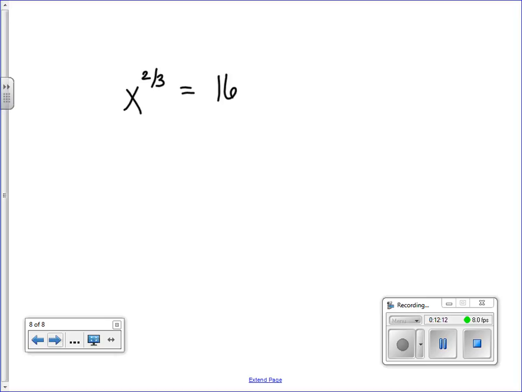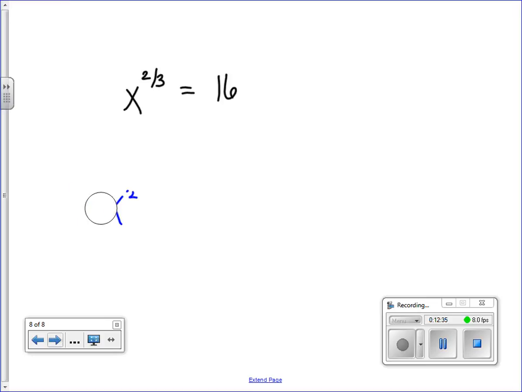Now, a fractional exponent is a root and a power. It's like saying I'm taking the 3rd root of x and I'm squaring it. It could also look like this. You see that? You can write it like that, okay?